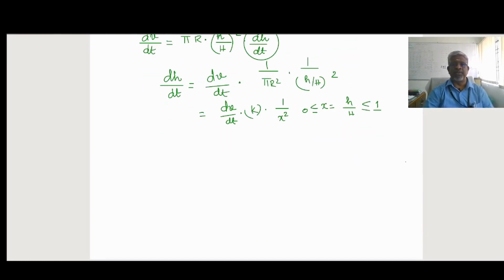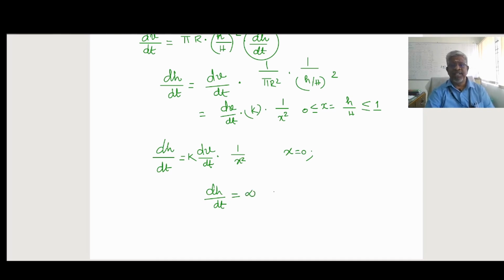Okay, so now we'll interpret some of this. Now I am getting a formula like this: dh by dt is equal to dV by dt into k, where k is nothing but 1 by pi r square divided by x square. Suppose x is equal to 0, that means your dh by dt is equal to infinity.